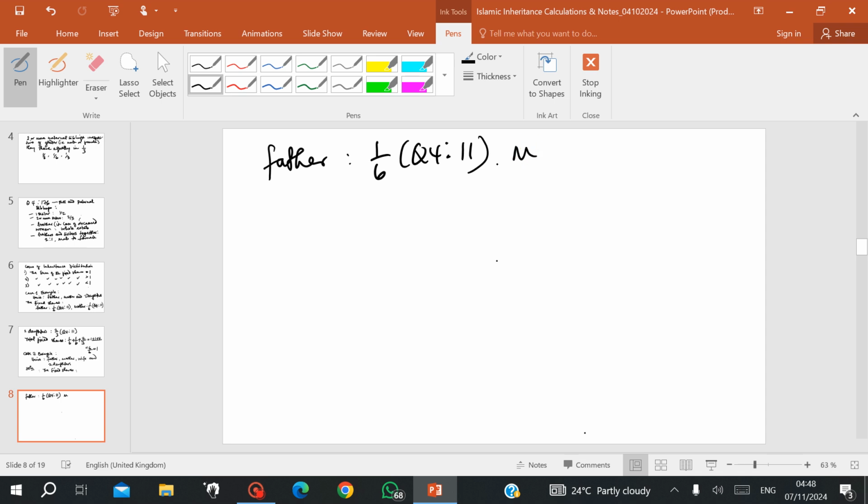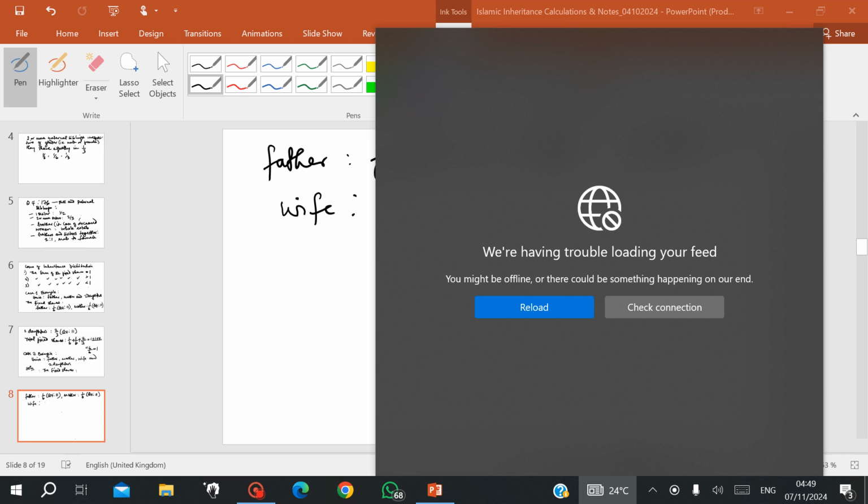And then the mother, 1/6 because there are children. And then we have the wife. In the presence of children, the wife is entitled to 1/8.